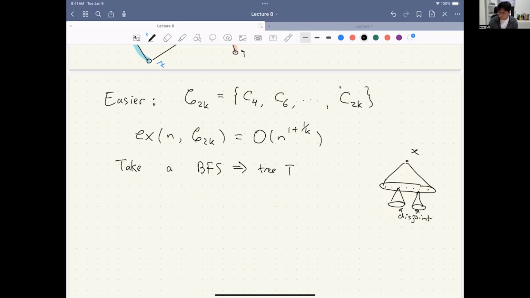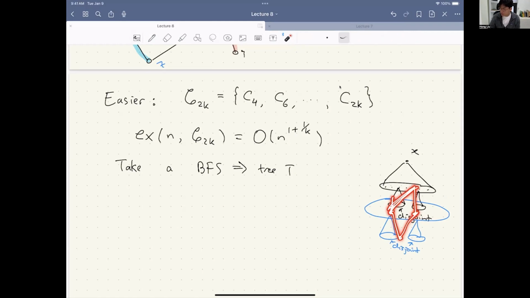Similarly, if you go down to the third layer, this is again disjoint. Otherwise, you will get a six-cycle. You go back, or maybe you already go back like this, that's a four-cycle. Maybe you go back like this all the way to x, you get a six-cycle. So that means each layer is getting larger and larger because these are all disjoint.